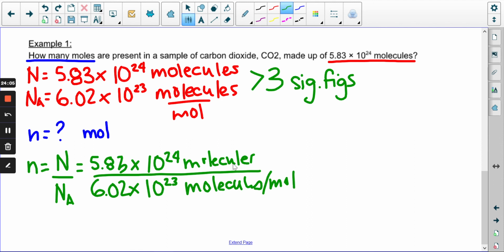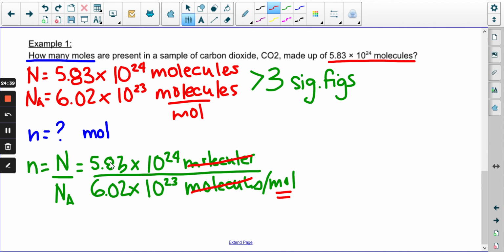The reason I wanted to write it like this is that it allows me to cancel units that are the same on the top and the bottom of my equation. Molecules is the same on top and bottom, so I end up canceling it out. I'm left with the unit mole, MOL, and if I go back to what I started with, it's exactly what I predicted I should have. So it's almost a way to check that I've used the correct equation.